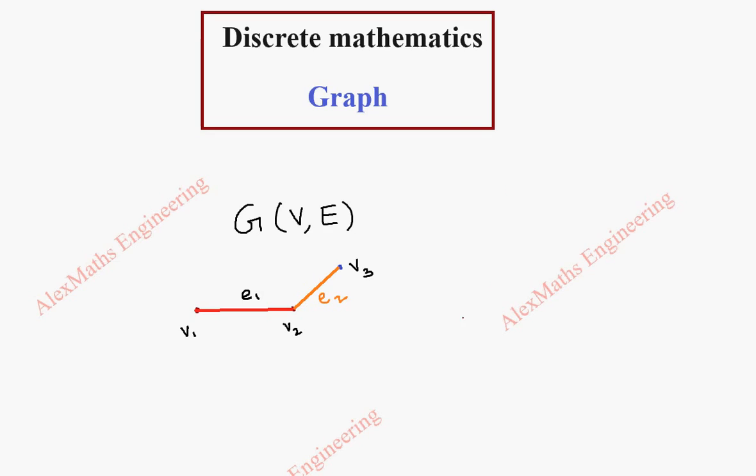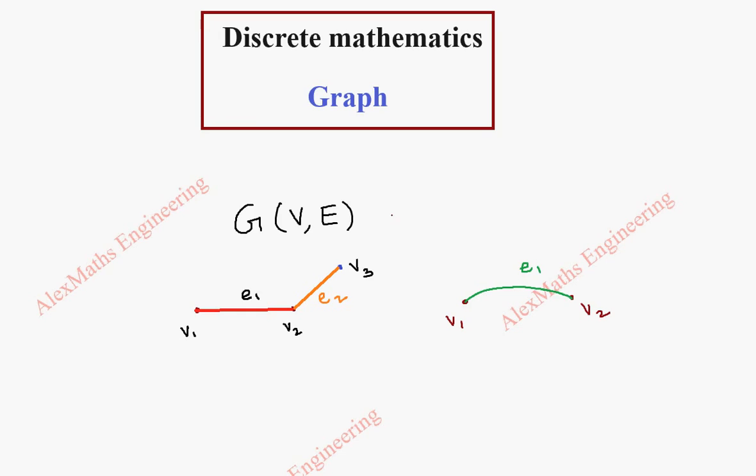So I give another example. Suppose I have V1 and V2 and these two are connected to get the edge. So I can have something like this. This is edge 1.